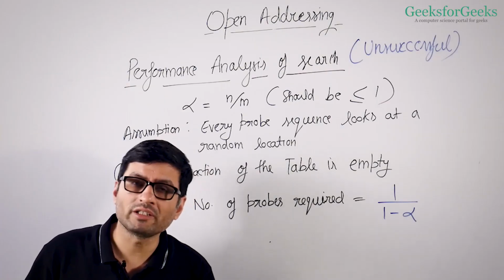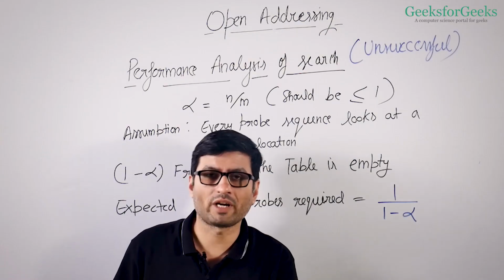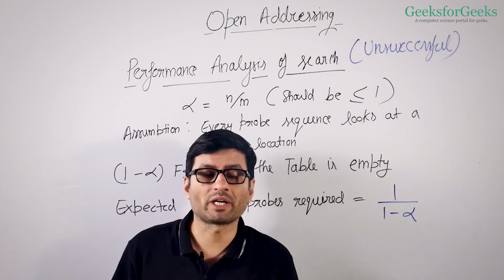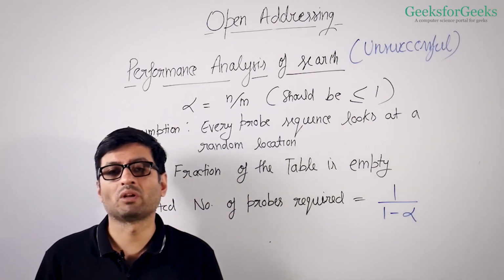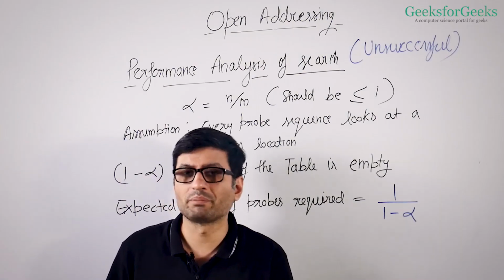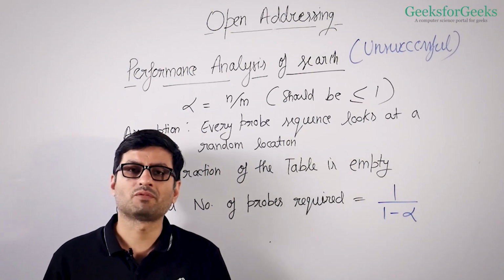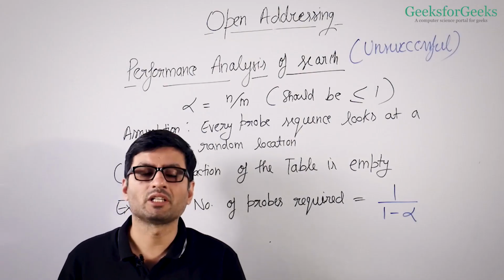Even with 0.9, you are going to have 10 comparisons. If your load factor is 0.99, then you will have 100 comparisons on average, which is a big number. We'll do a thorough comparison of open addressing and chaining in the next video.